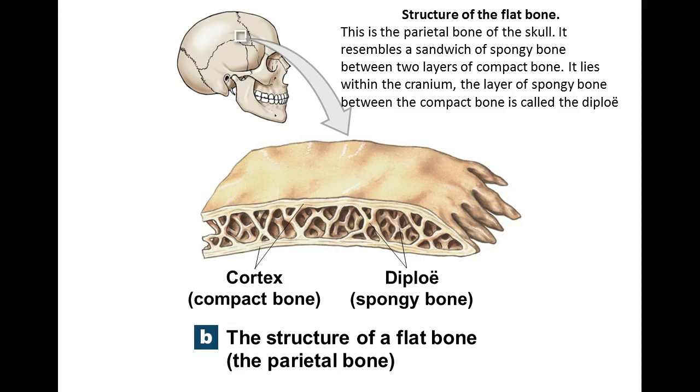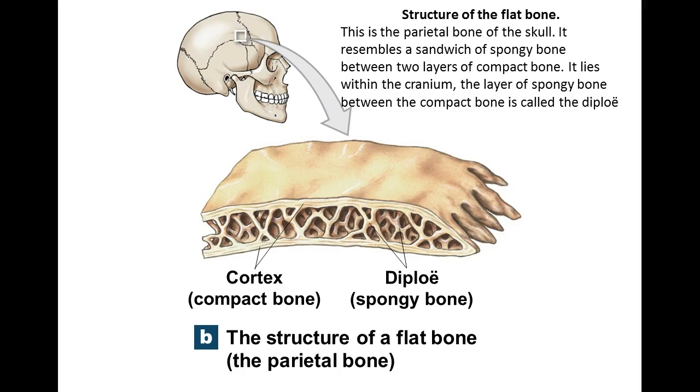However, anytime you have spongy bone, you think of that's where you're going to have your red bone marrow. So in the flat bones, you have red marrow there, and spongy bone between the compact bone is called diploe.